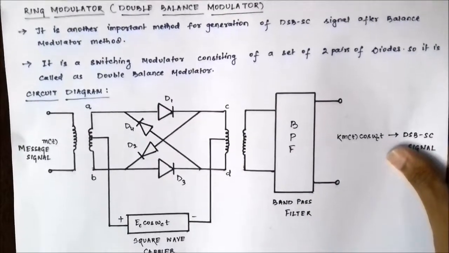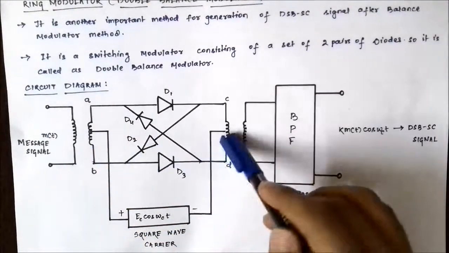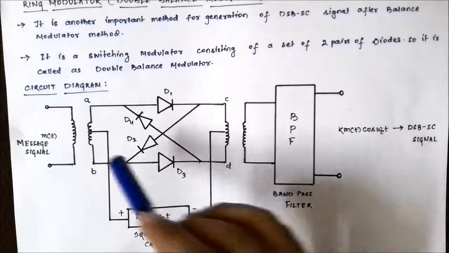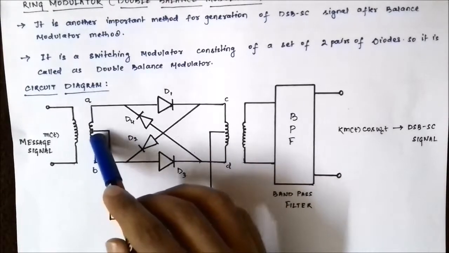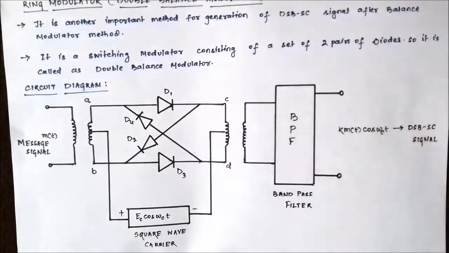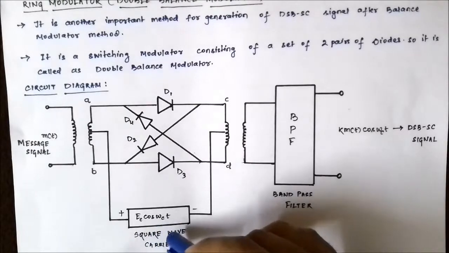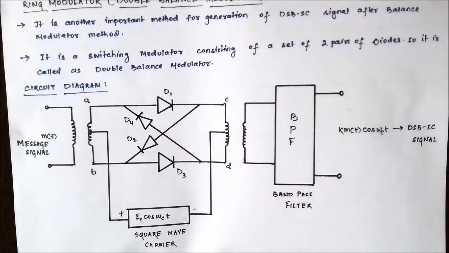A square wave carrier is applied through center tapped connection to the secondary winding of the first transformer and the primary winding of the second transformer. Here it is written as Ec cos omega_c t, the square wave carrier, but it's actually in the form of a bipolar square wave carrier, which is given in terms of Fourier series expansion.